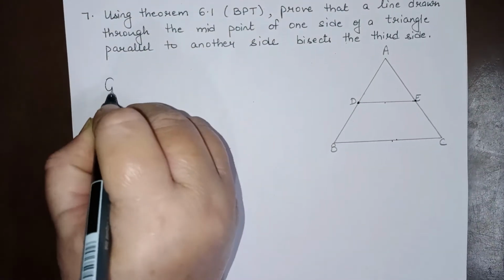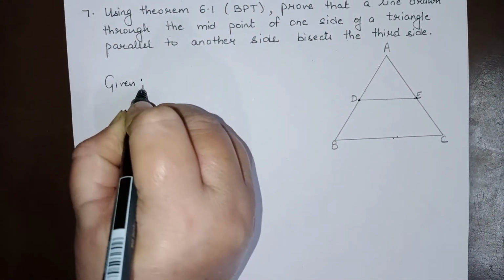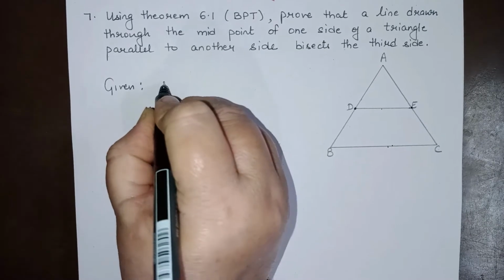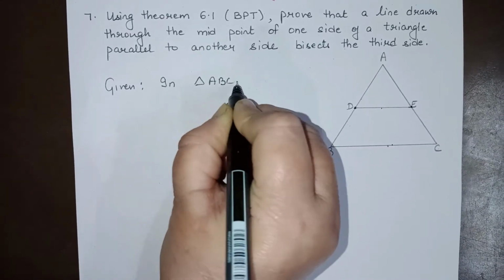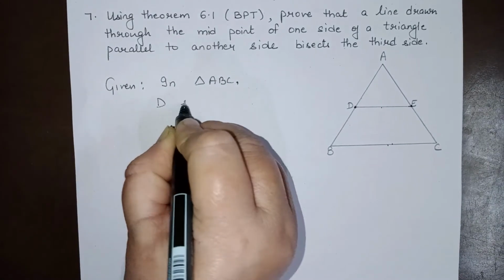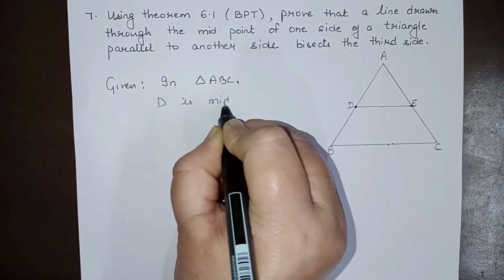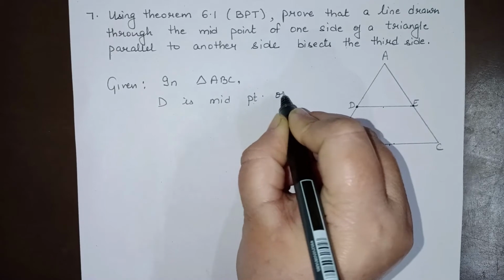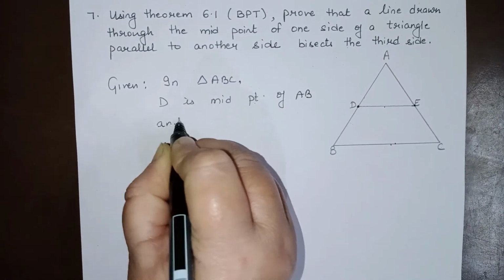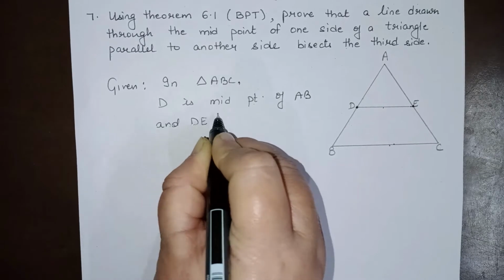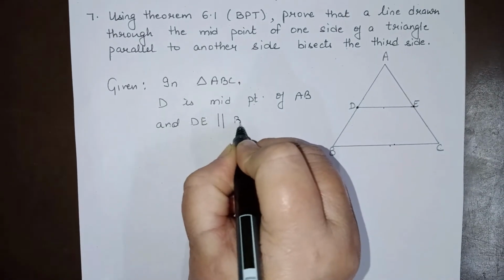So here we have to start with the given. Let us see what is given. It is given that in triangle ABC, D is the midpoint of AB and DE is parallel to BC.